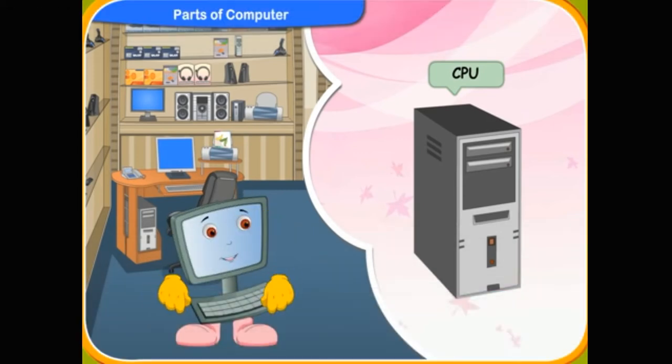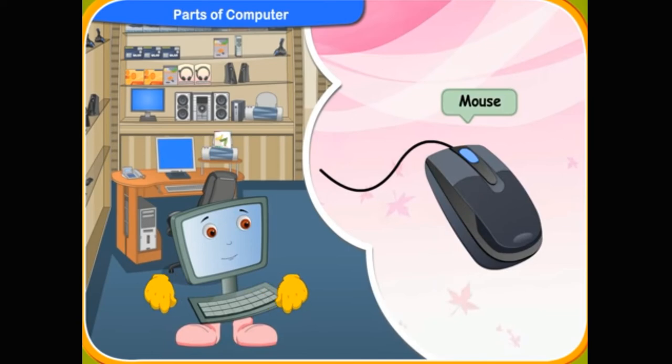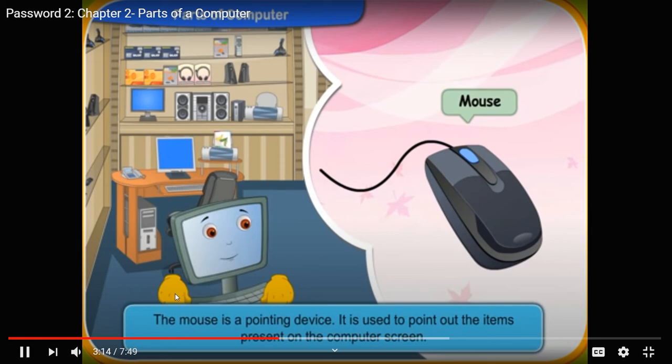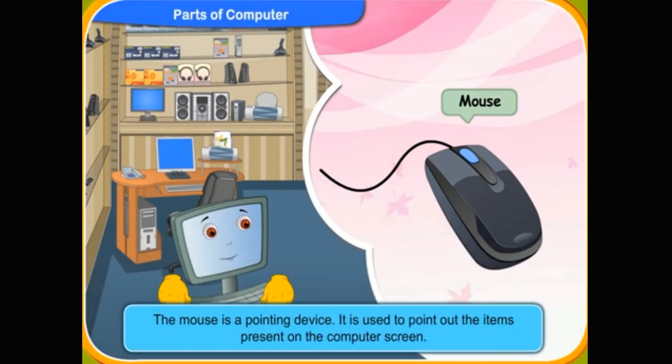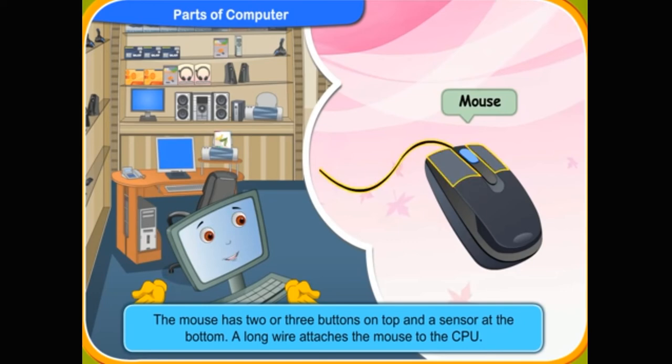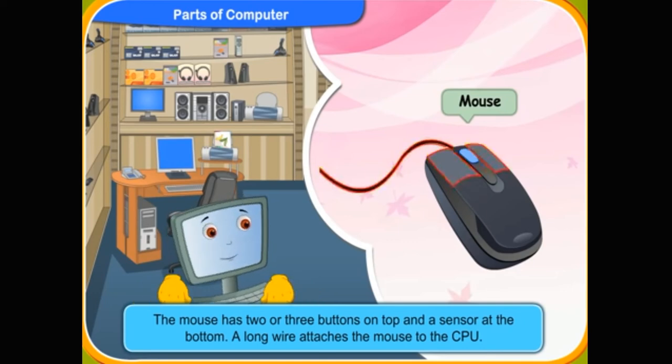Let us now discuss about the mouse. You probably know that the mouse is a pointing device. Yes, Kiko, I know that the mouse is used to point out the items present on the computer screen. Right, Rennie. The mouse has 2 or 3 buttons on top and a sensor at the bottom.